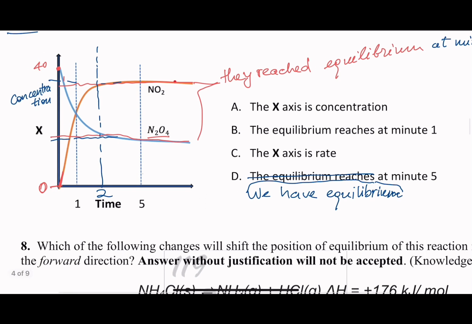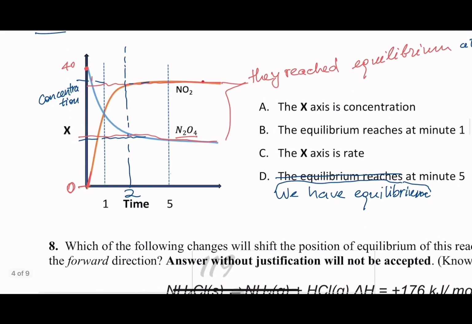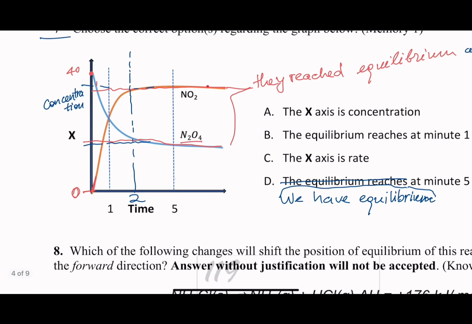But if you look at here, which one is our product and which one is our reactant? So if you really look into this, you would see that our reactant started, and then some of the reactant went towards the product. So reactant number decreased and product number increased.